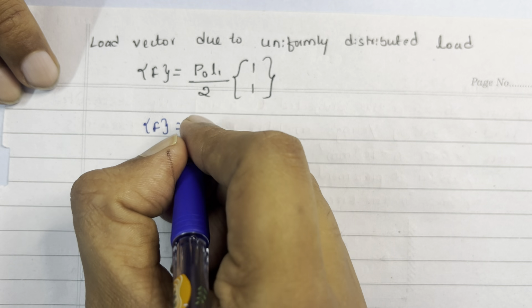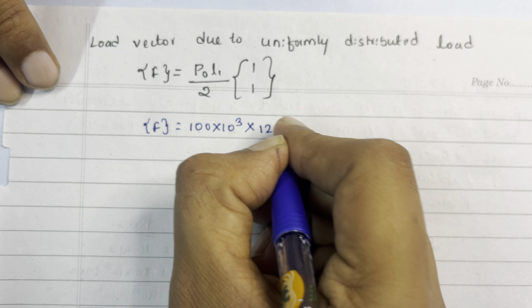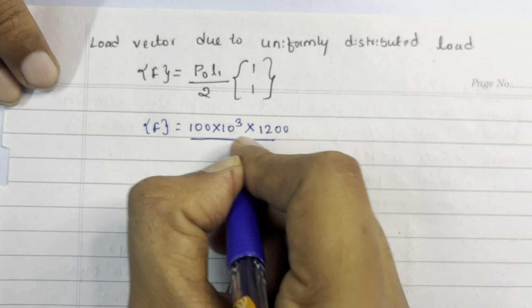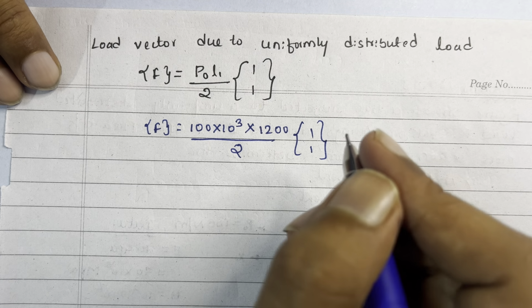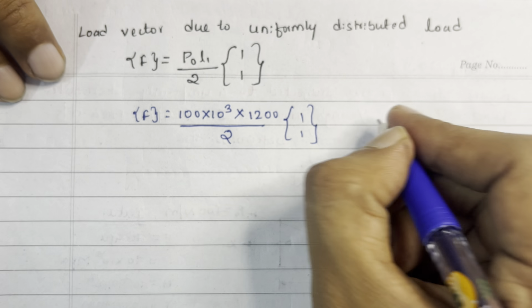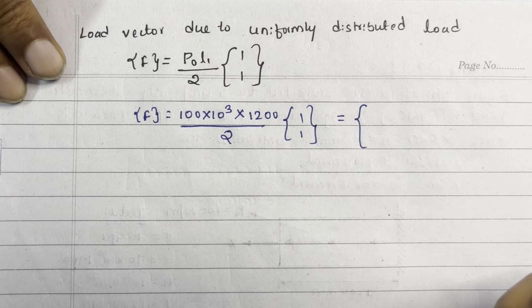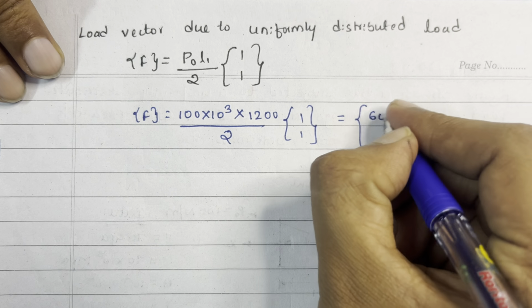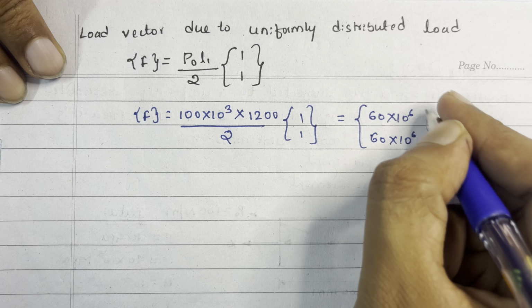We know p naught is 100 into 10 raised to 3 and length 1200, divided by 2, into vector 1 1. After solving we get 60 into 10 raised to 6, 60 into 10 raised to 6.